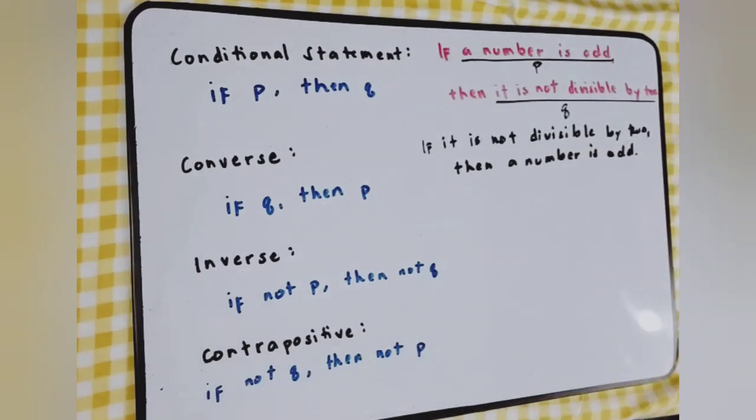Or it can also be: if a number is not divisible by 2, then it is odd.